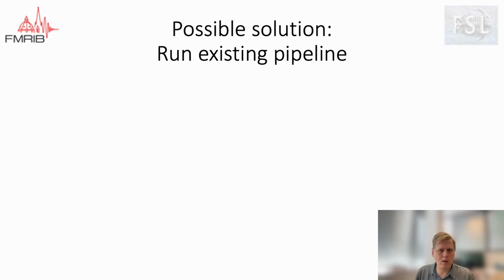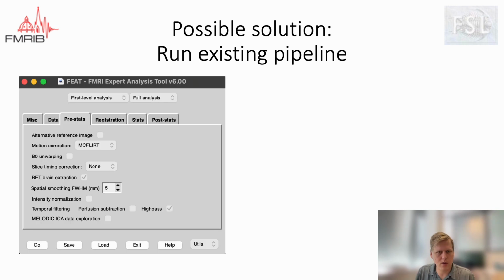So, how do we do that? How do we rerun our processing steps across all these subjects? Well, one way is running a pre-existing pipeline, and you've actually done this before already within the FSL course. For example, FEAT is a pre-existing pipeline which was written by us to process your functional MRI data and to run the statistics.